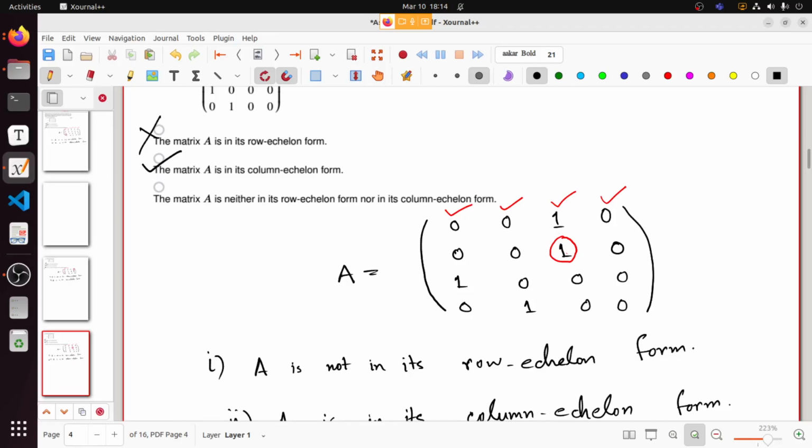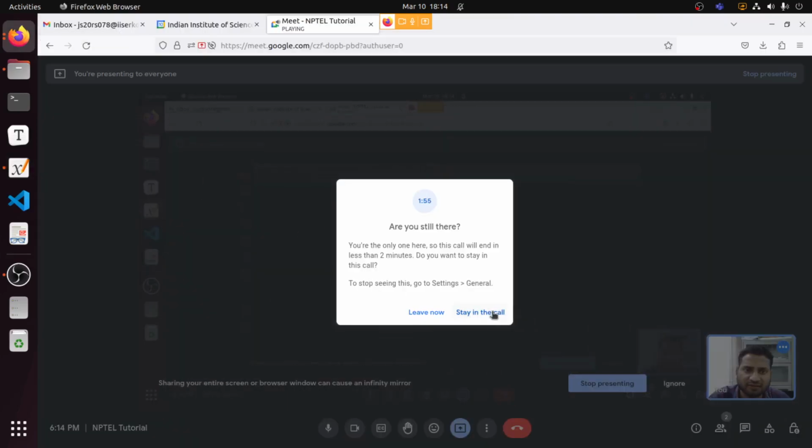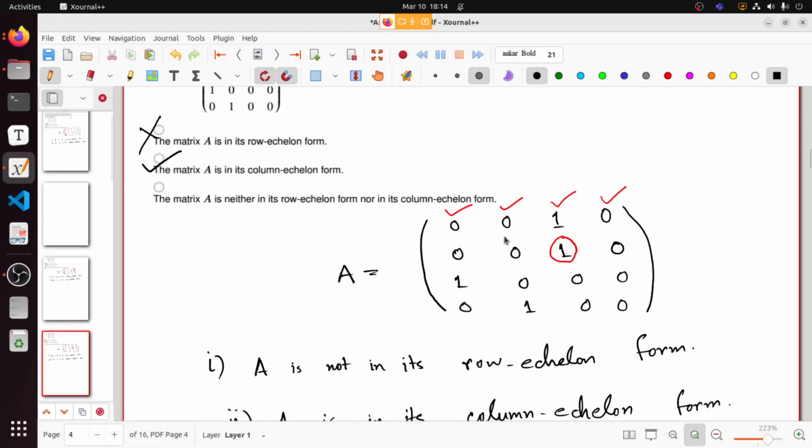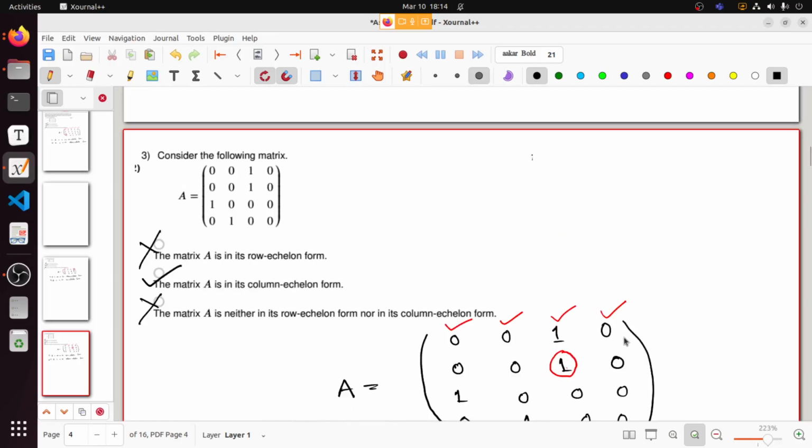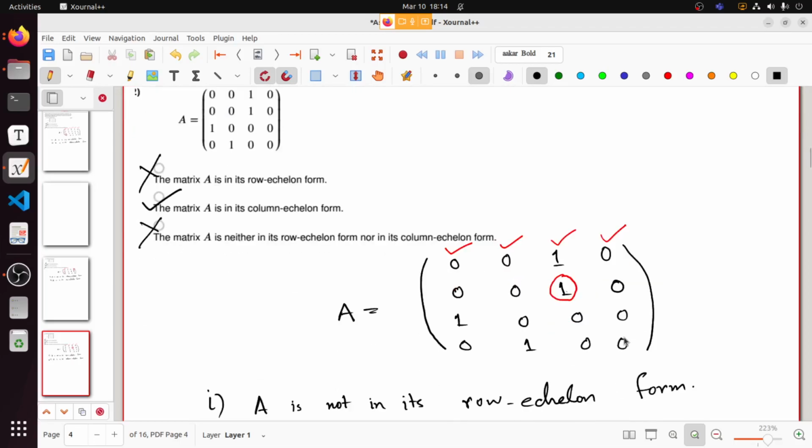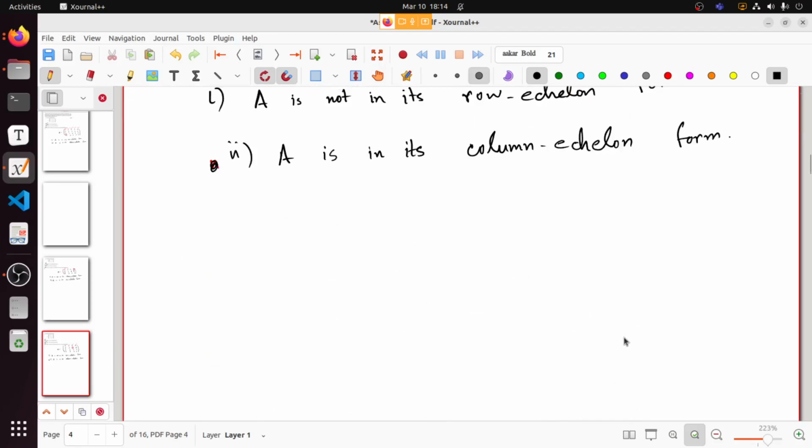And the third option is saying that the matrix A is neither row echelon form nor column echelon form, so it is not correct. So the third option is false. Question number 3 is also done. Now move to question number 4.